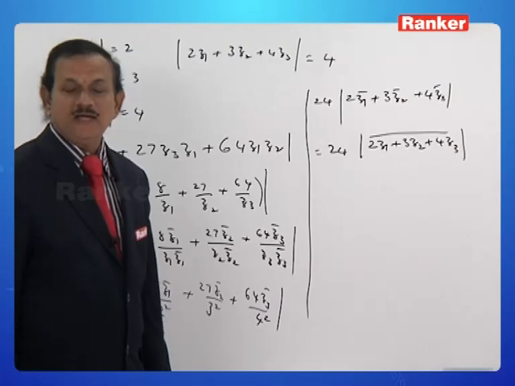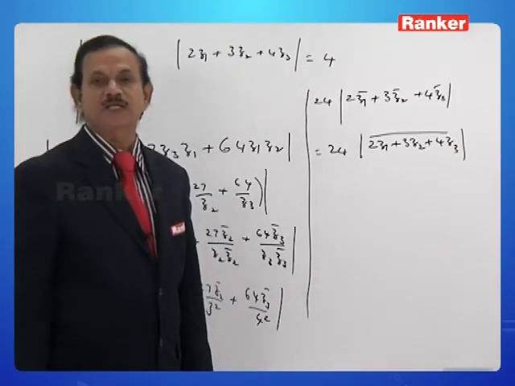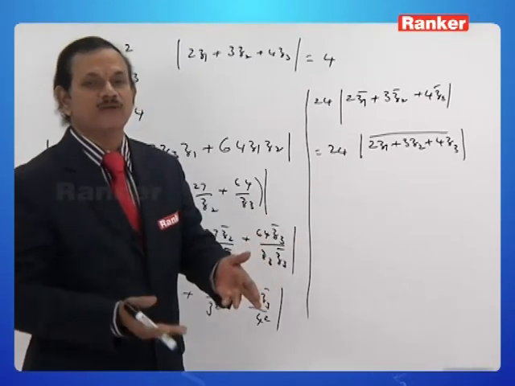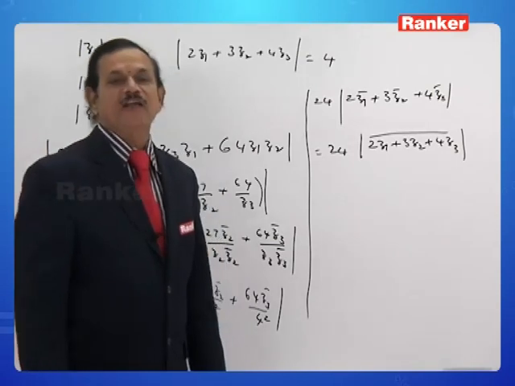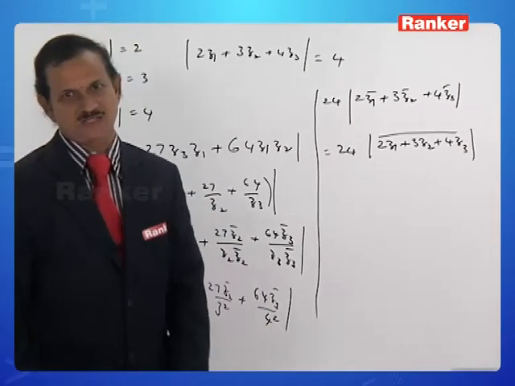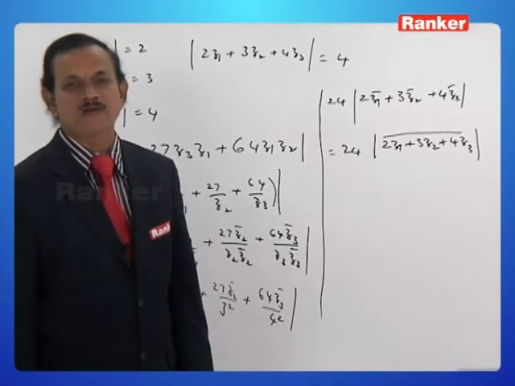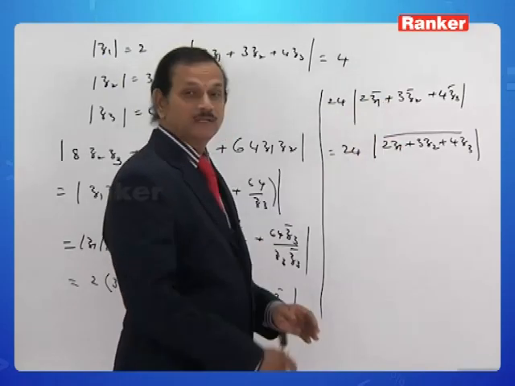Yes, if A, B, C are real numbers, then the conjugate of AZ1 plus BZ2 plus CZ3 is nothing but A Z1 bar plus B Z2 bar plus C Z3 bar. The conjugate of a sum of complex numbers is the sum of their conjugates, from the earlier properties of complex numbers. Therefore, we can write this one like this.